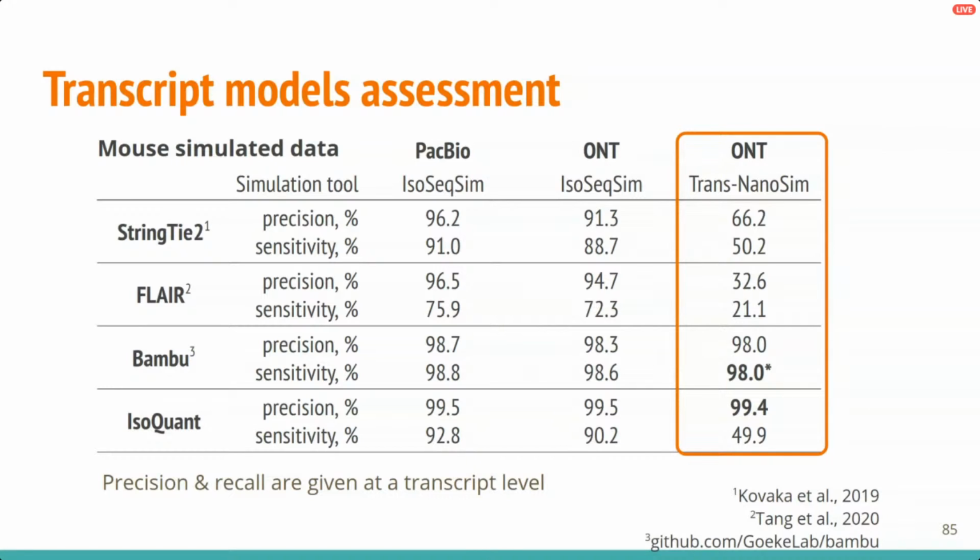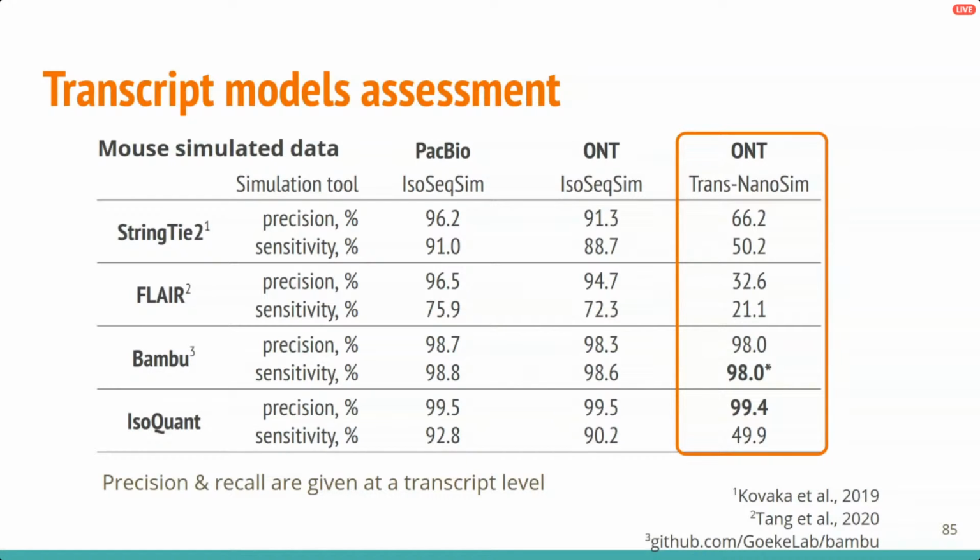In any case, Bambu does pretty well, and we consider that in terms of precision, we are doing pretty well too. And sensitivity is something we will also look into. But here, we also think that precision probably is a bit more important.